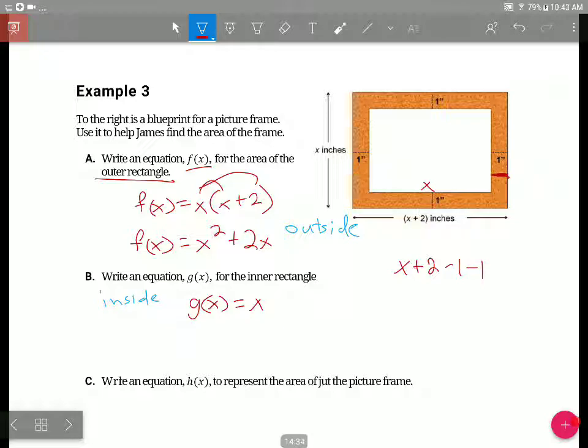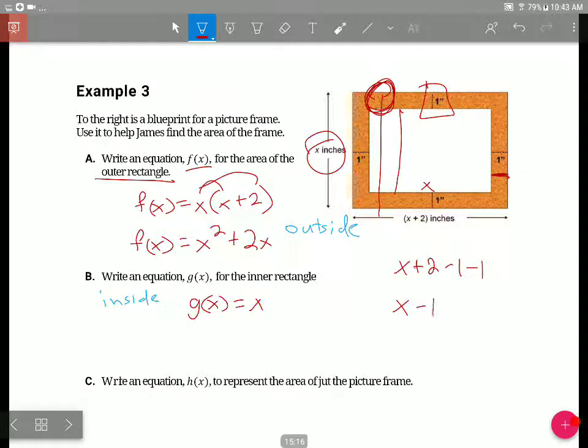All right, let's do the height. Well, the original is x. And what do I have to do to get just the inside piece? What do I subtract on the bottom? What's that distance down there? If I'm going from the outside to the inside, I'm taking away the top piece, which is how wide? 1.